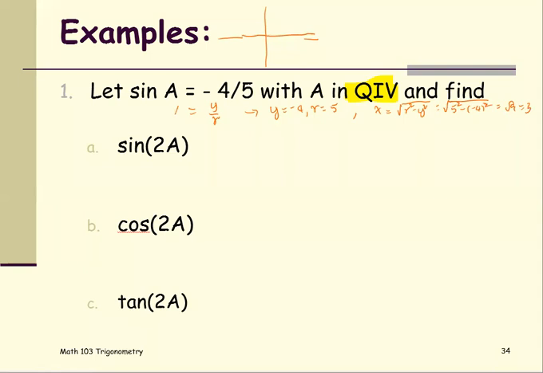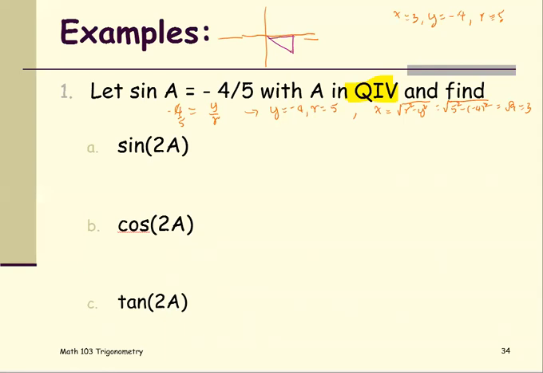Now let's summarize it over here. So x equals 3, y equals negative 4, and r is 5. And draw the diagram in the fourth quadrant, where x is positive and y is negative.